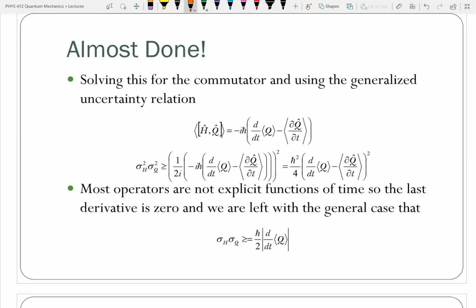So our uncertainty between the Hamiltonian and my operator Q is shown here with this calculation for the time variation in the expectation value.